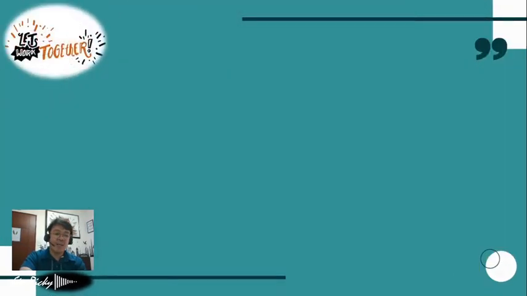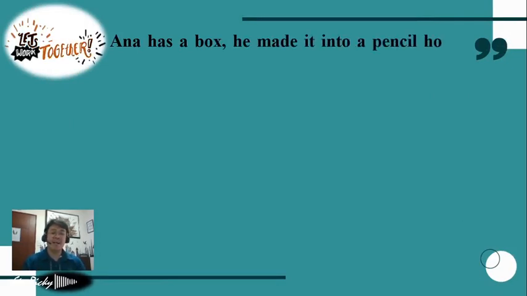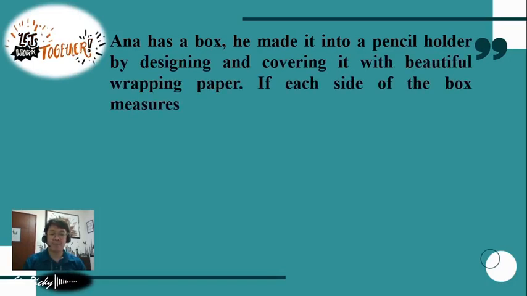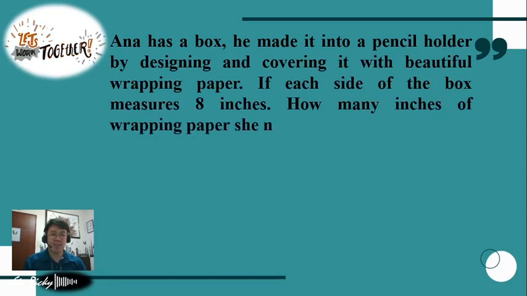Now, let's work together in solving this given word problem. Anna has a box. She made it into a pencil holder by designing and covering it with beautiful wrapping paper. If each side of the box measured 8 inches, how many square inches of wrapping paper did she need to cover the box?